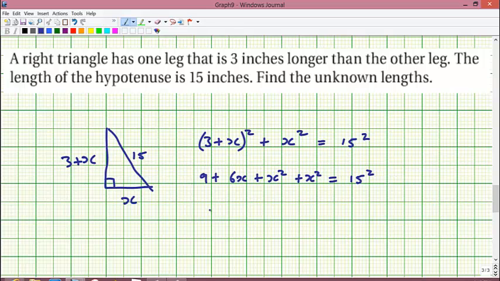Let's simplify. 2x squared plus 6x plus 9 equals, let's work out what 15 squared is. I think it's 225. Let's balance that across. We'll move that to the other side by subtraction. 2x squared plus 6x minus 225 minus 9 is 216 equals 0.